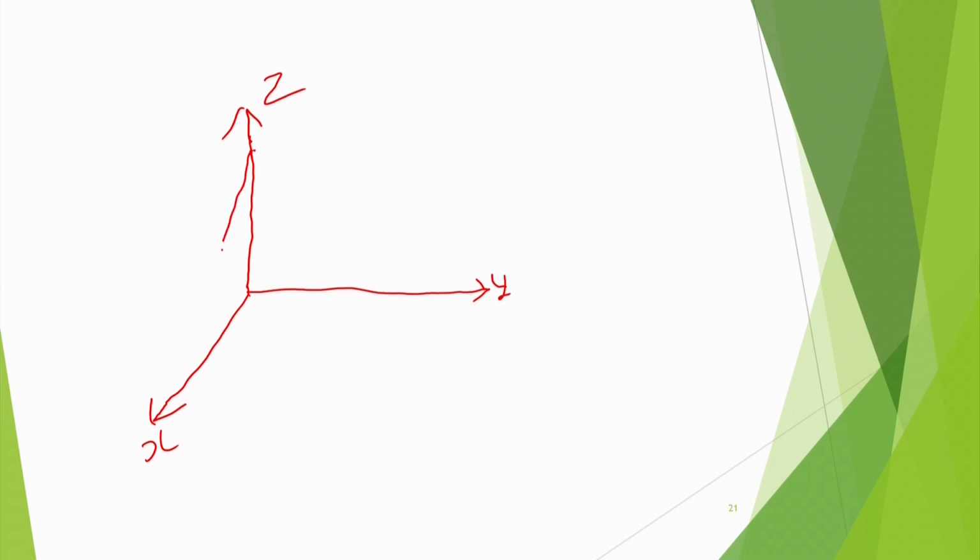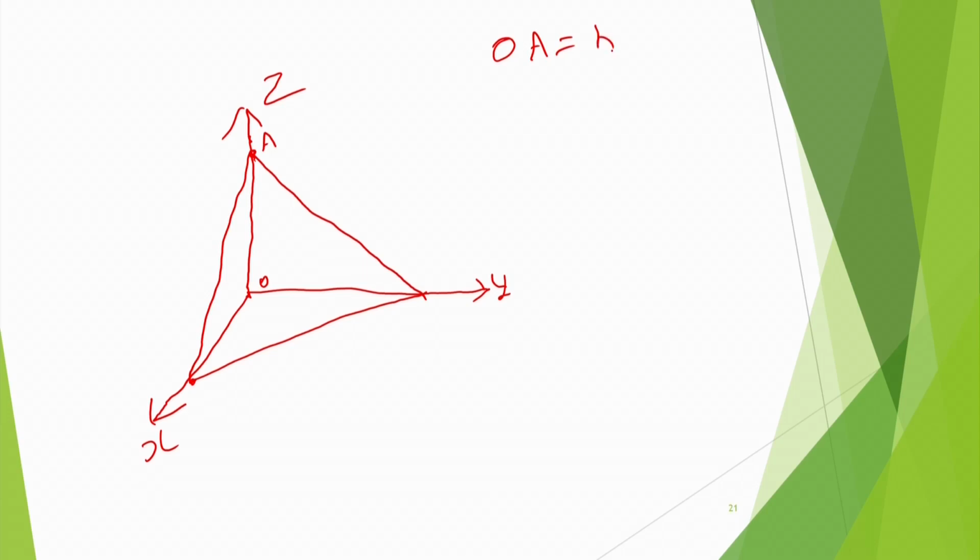Suppose I have this point here, then I have this point here. This point is O, the origin. Let us say the point at the top is A, so that height OA is fixed in all the cases. Let us say it is H.